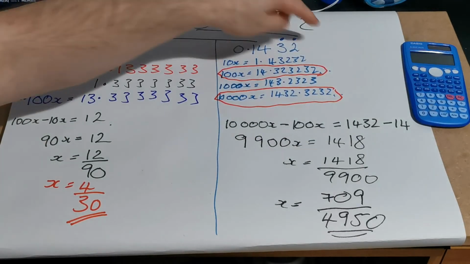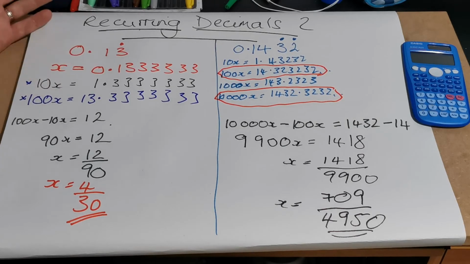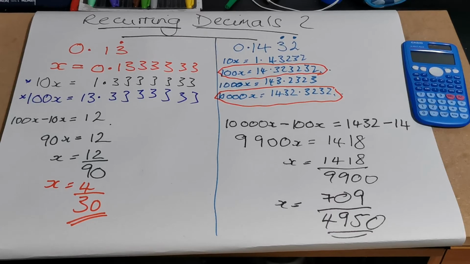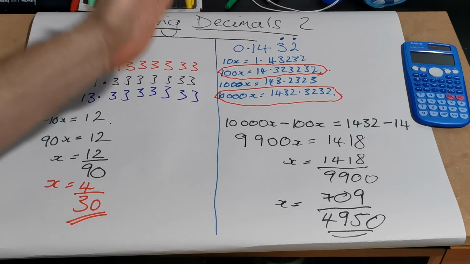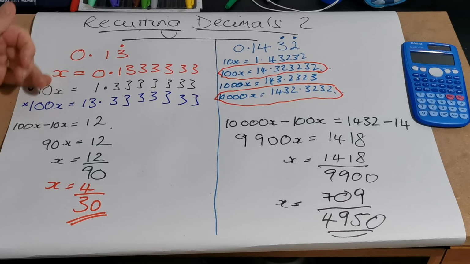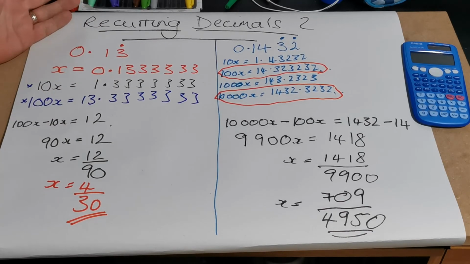So when we looked at recurring decimals 1, we were always taking away the x every time to make it disappear. But now we need more thought. We've got to go on so that we're looking at what stage the decimals become the same when I keep multiplying by successive powers of 10. So here the 100x and the 10x gave me the same decimals, so I could subtract them.